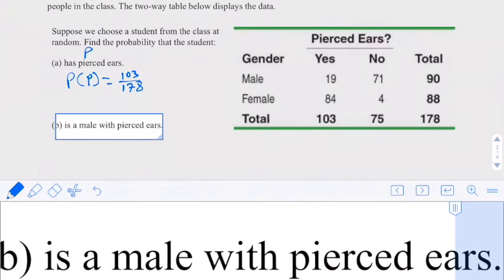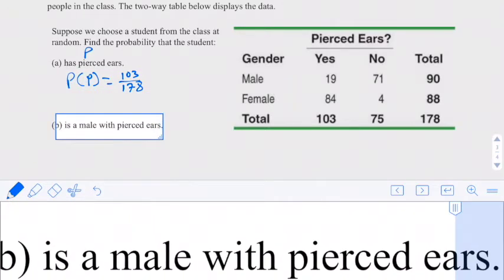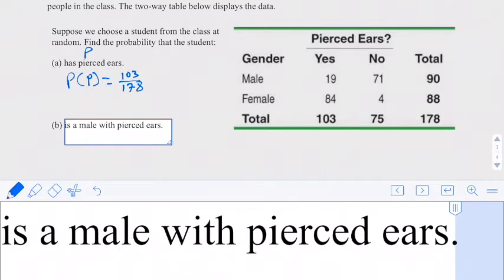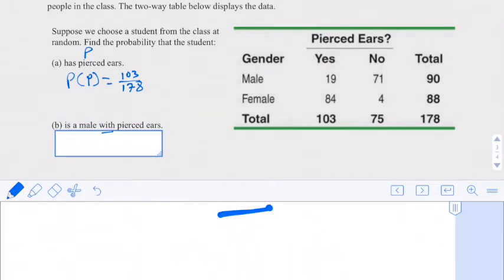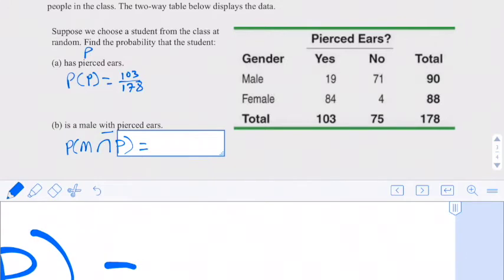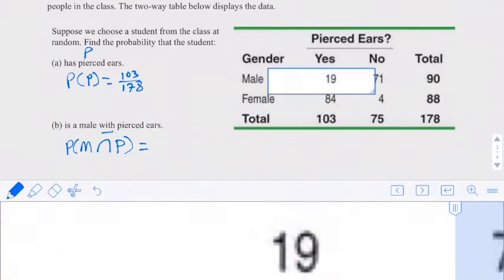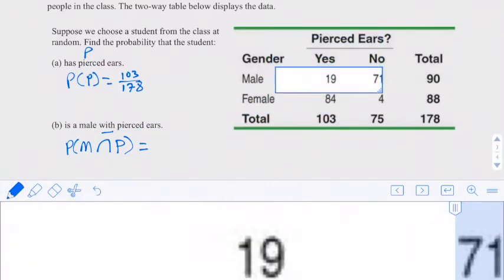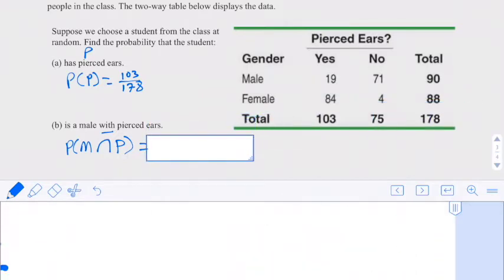Then we want to know the probability that they are male with pierced ears. So this is the probability that they are male and they have pierced ears, that intersect. They are male and have pierced ears, so 19 out of 178.